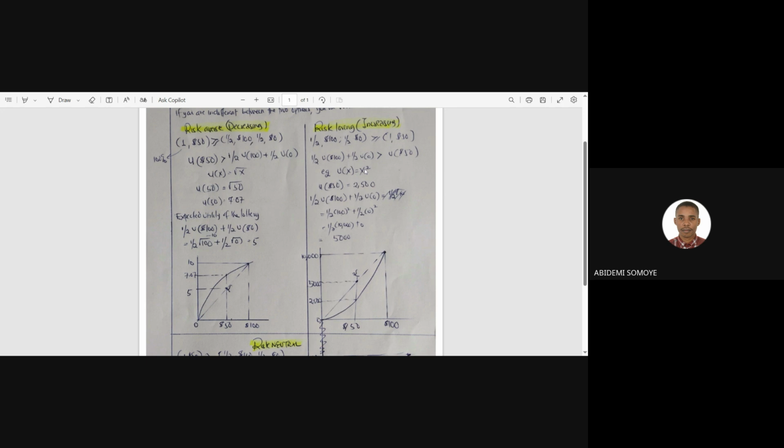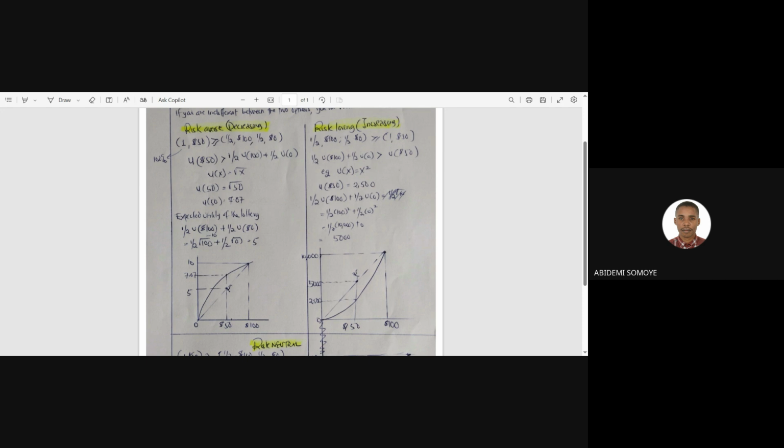What does 50 squared give you on your calculator? 2,500. Okay, so just for risk-loving, just plug in 50.